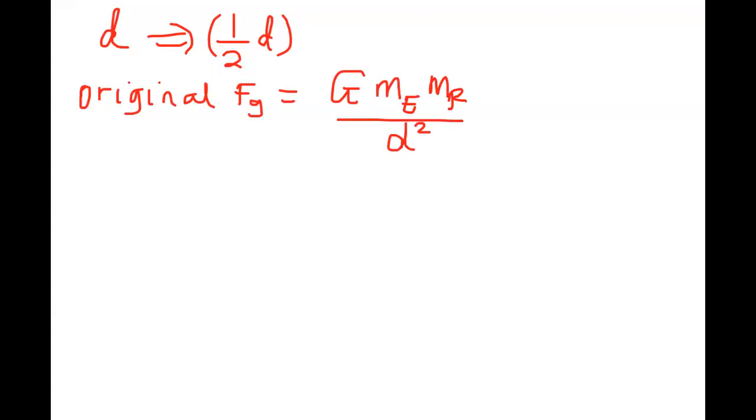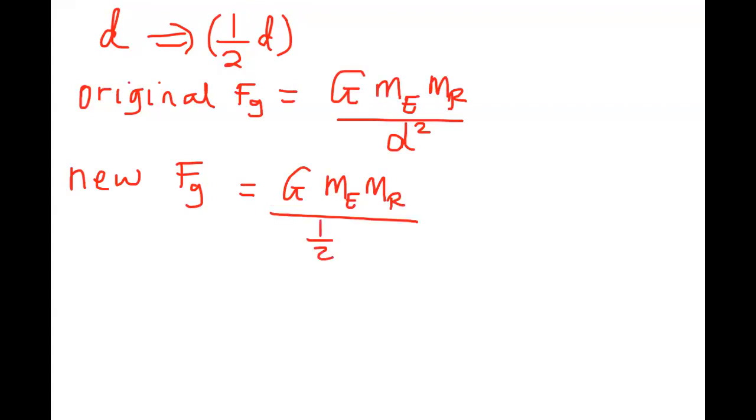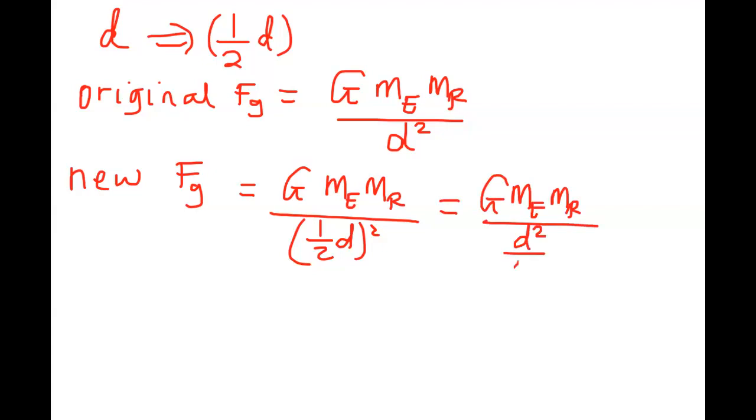Now the new gravitational force, we are going to substitute D by 1/2 D. G, mass of the Earth, mass of the rocket, divided by 1/2 D, everything squared. This gives you G, mass of the Earth, mass of the rocket, divided by distance squared over 4.